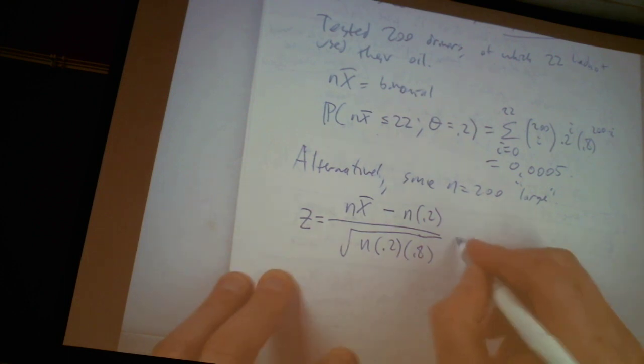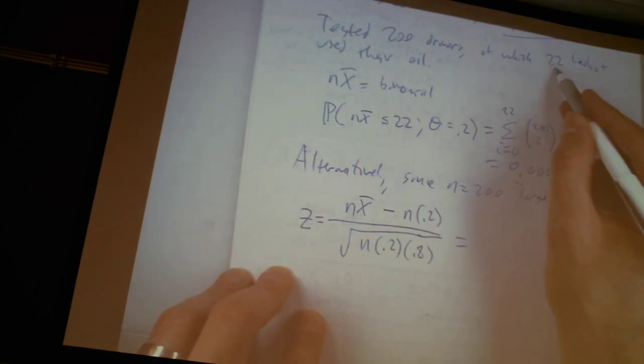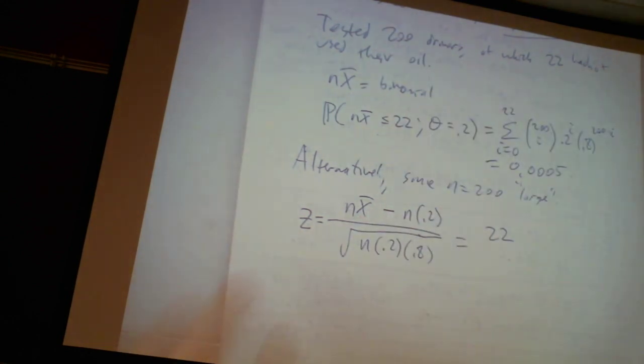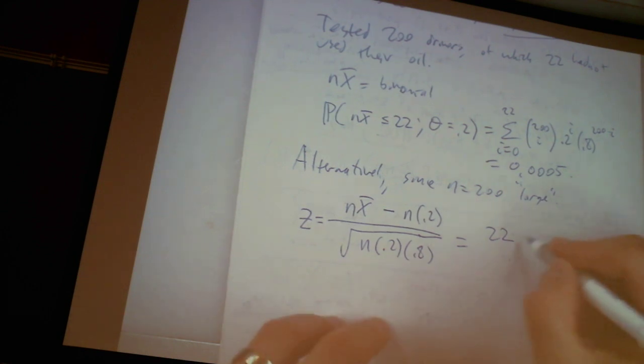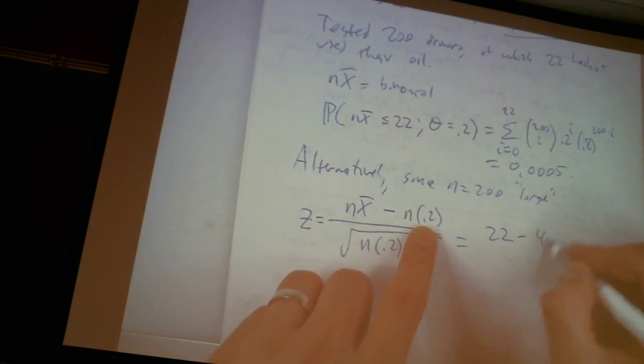So now I can put in Nx bar. The x bar is 22 over 200 times 200, that's 22. Nx bar is the sum of the xi's, so it's just how many did we see. How many drivers had not used their oil? 22 drivers had not used their oil. 22 minus how many drivers should have used their oil if the true value was 0.2? 40. 200 times 0.2 is 40.